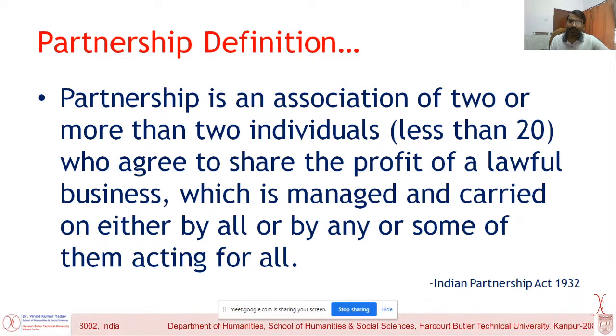So with two partners or more, up to less than 20, and this limit is 10 for banking services. If it is banking services, then only 10 or fewer, but in other than banking, fewer than 20. So the partnership firm is very clear.